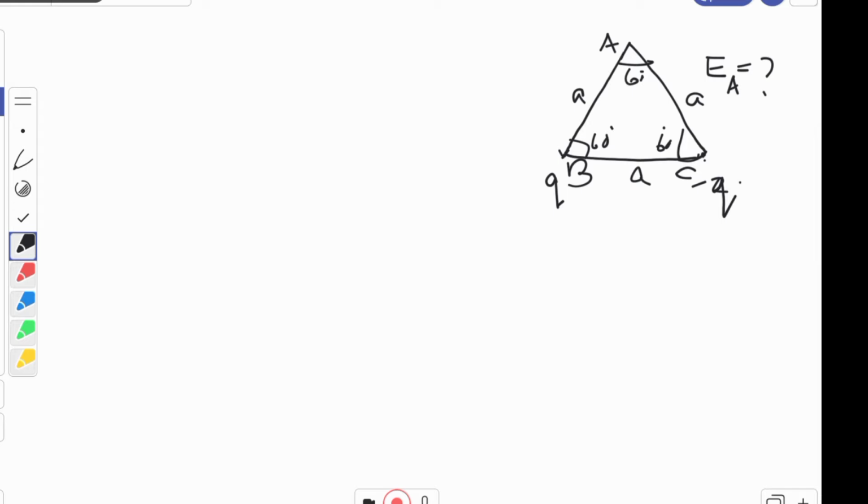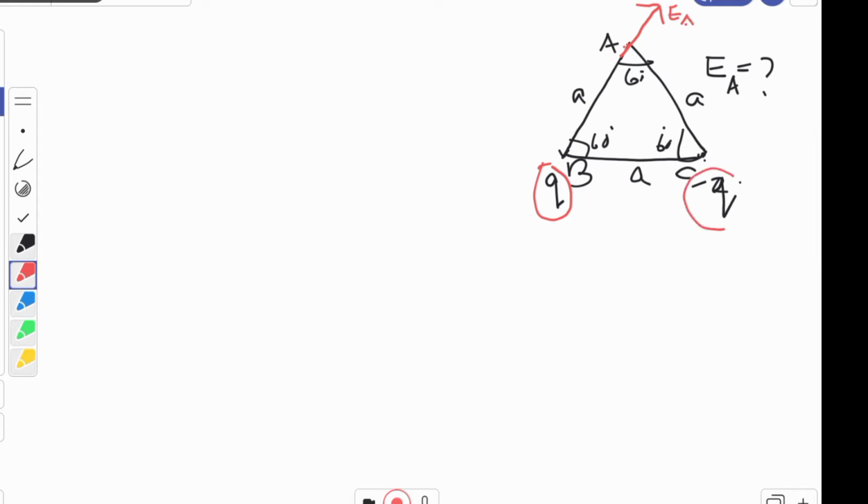How to find out? Let us see. Now first we will find out electric field intensity due to this charge at A. So we know Q is positive charge. So when we are taking positive charge, the field will be away from the charge. So this will be your EB.